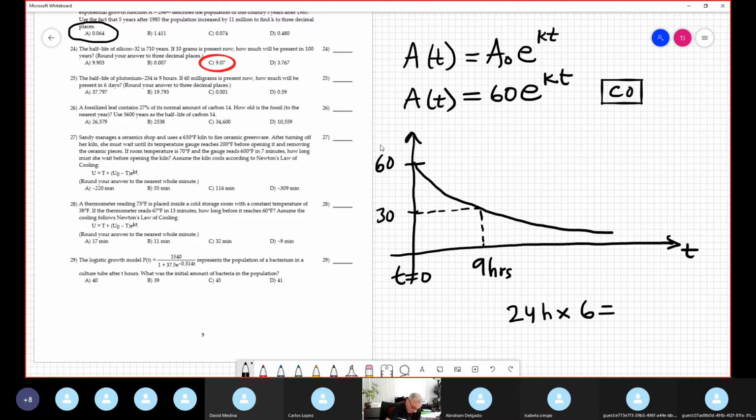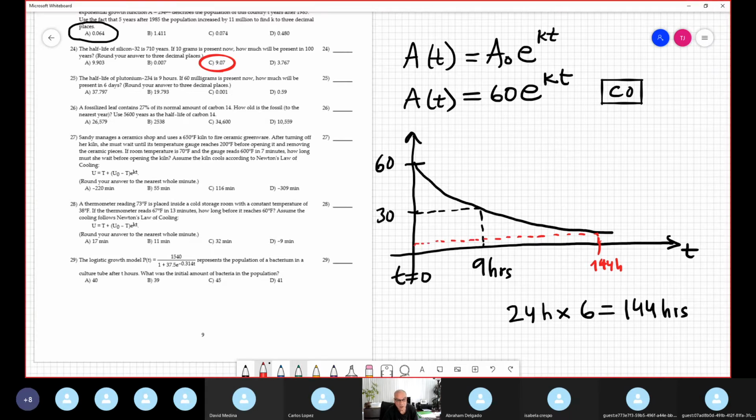I suppose it's better 24 times 6, 144. So basically, the thing I want to investigate is what amount of substance we have in 144 hours. This is my goal.